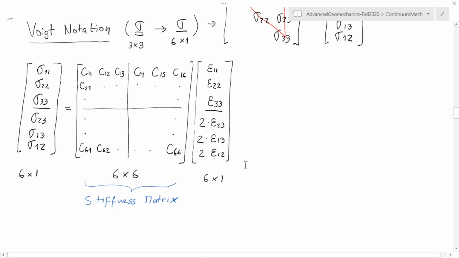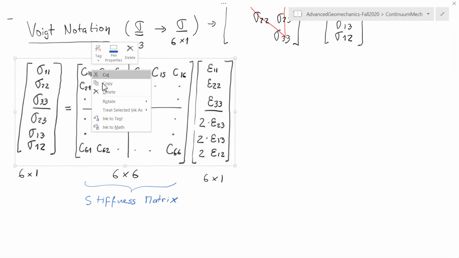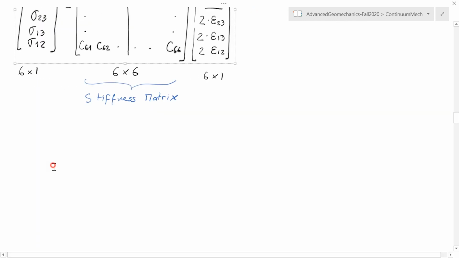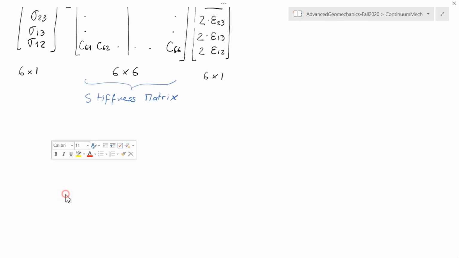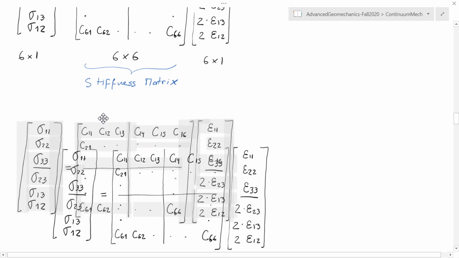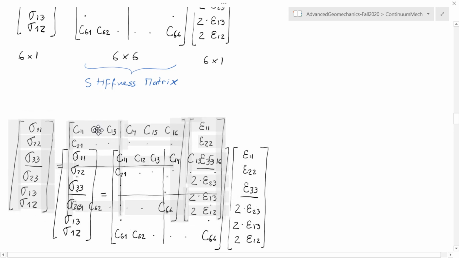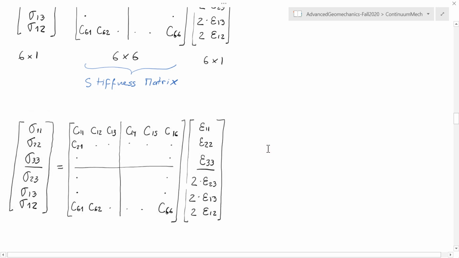All right, so let me just copy all of this and paste it over here. The first thing that we're going to do is apply what is called the shear decoupling principle.